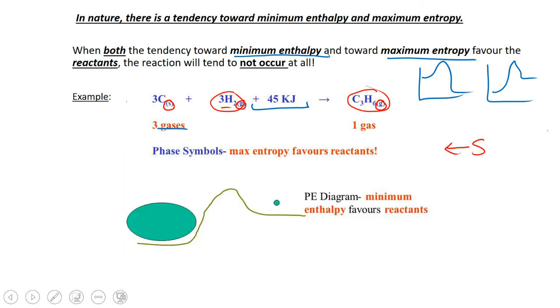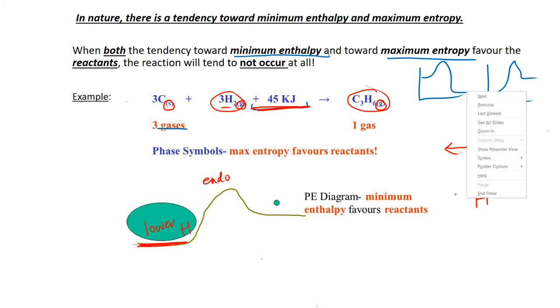Check enthalpy. Looking at the heat term on the left-hand side, we should be able to figure out that this is endothermic, because heat is being added here. Endothermic means enthalpy favors the left-hand side, lower enthalpy on the reactant side. So enthalpy H also wants that reaction to be pushed towards the left, the reactant side.